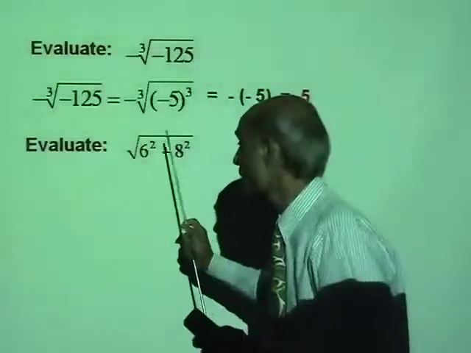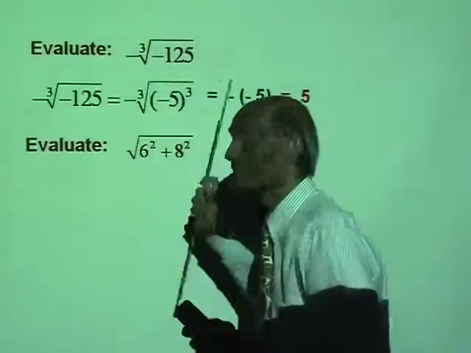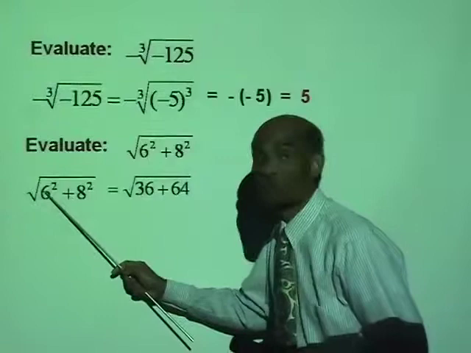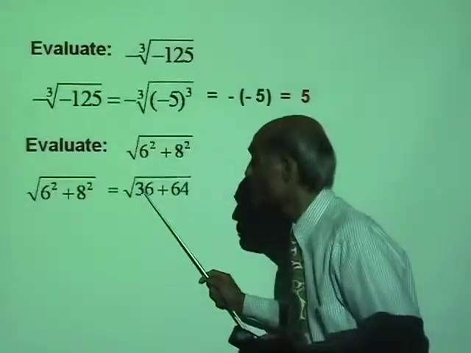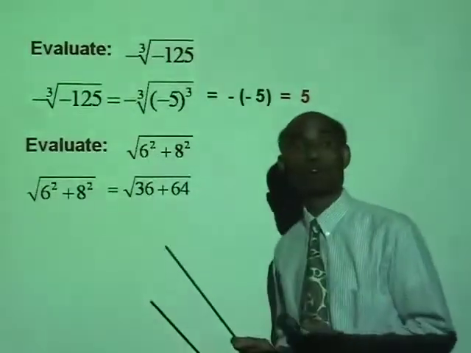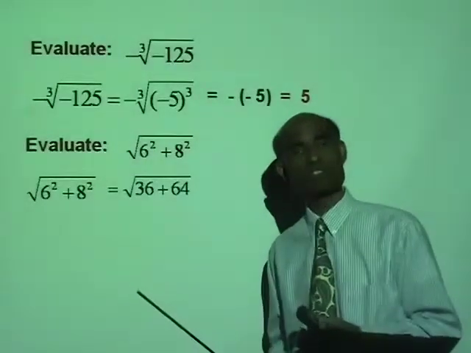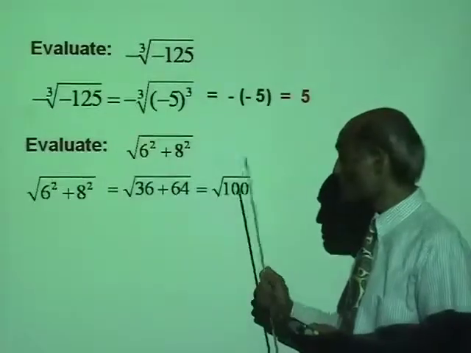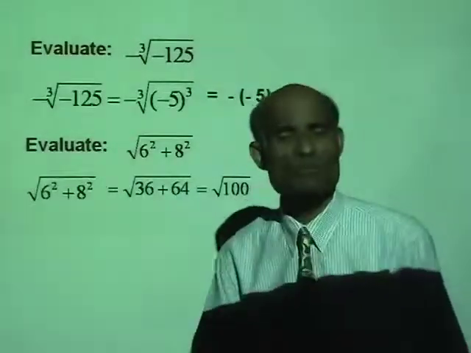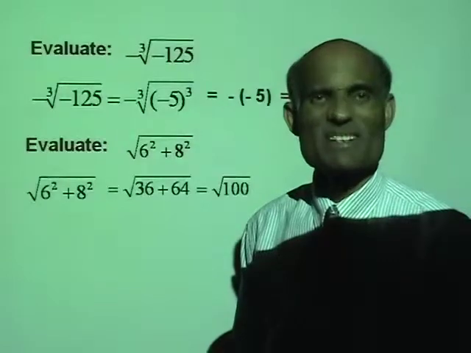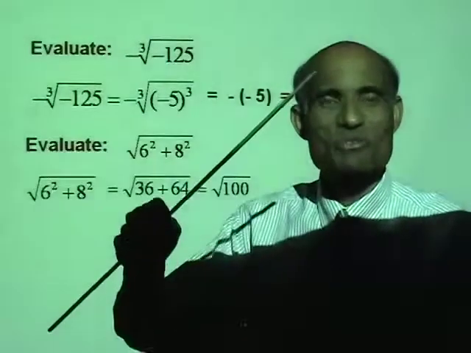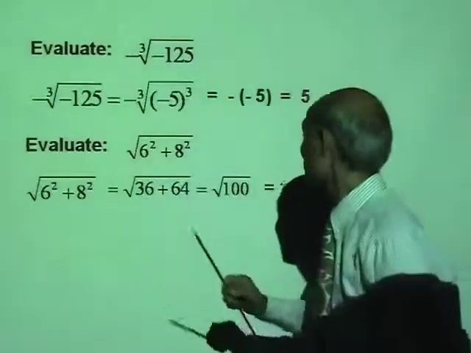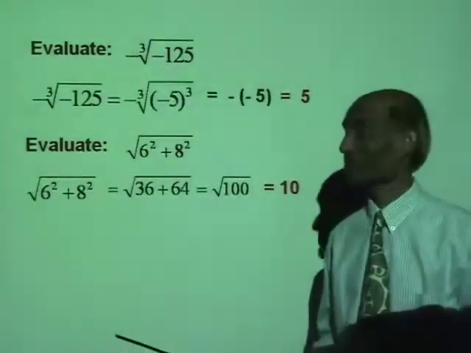And then add them together. What is 36 plus 64? There you are. So this will be the square root of 36 plus 64. And what is 36 plus 64? It's 100. That is the square root of 100. What is the square root of 100? What number raised to the power of 2 gives you 100? It's 10. So the square root of 100 is 10.